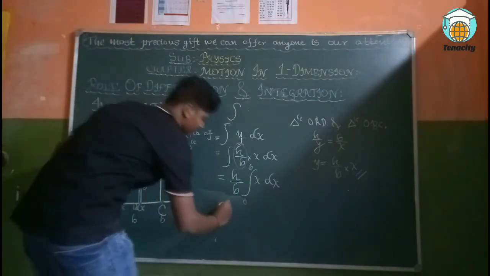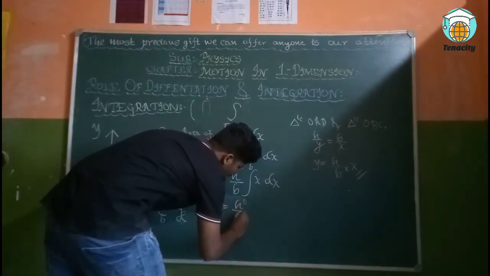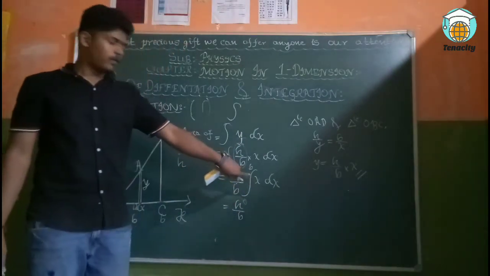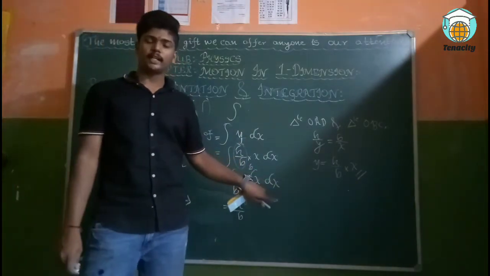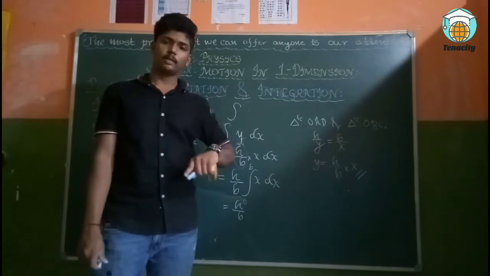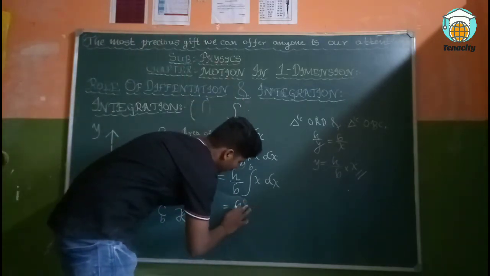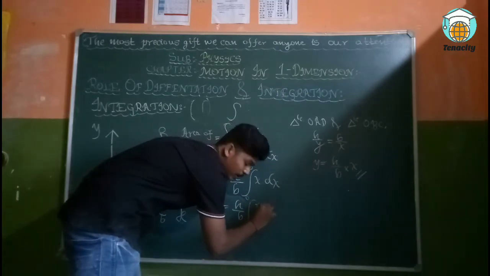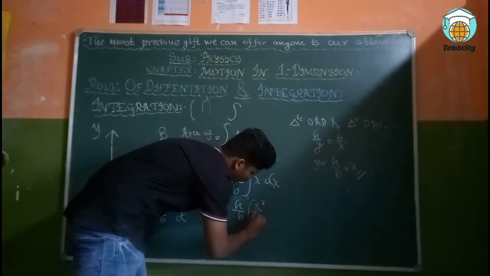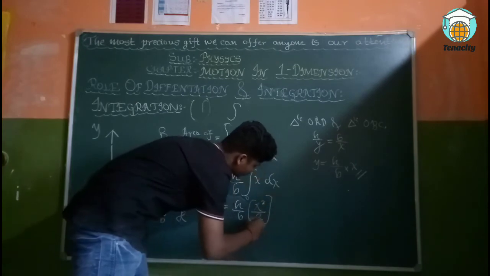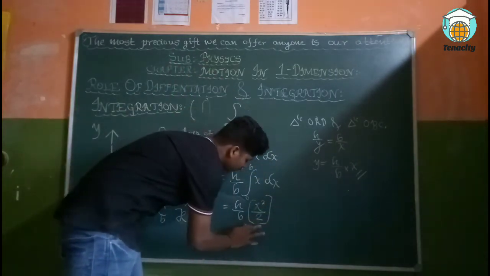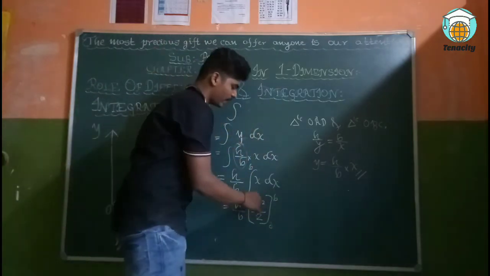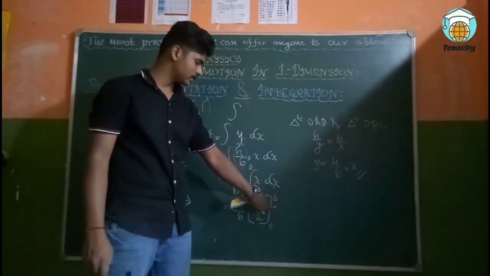What is the formula of integration of x power n? It is x power n plus 1 by n plus 1, right? So you can write x power 1 plus 1, that is x square by 2, and the interval is from 0 to b. So in the place of x, you have to substitute b.